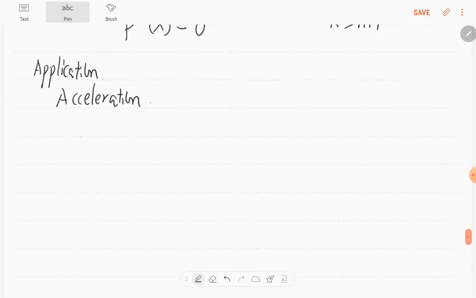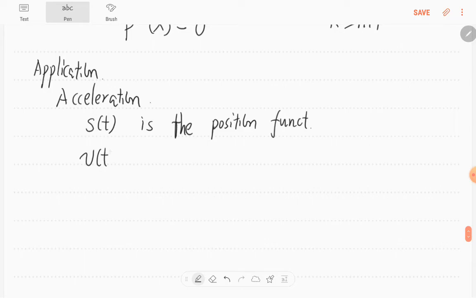We know that if s of t is the position function of a moving object, then the instantaneous velocity at time t is the derivative of the position function, denoted by ds/dt.